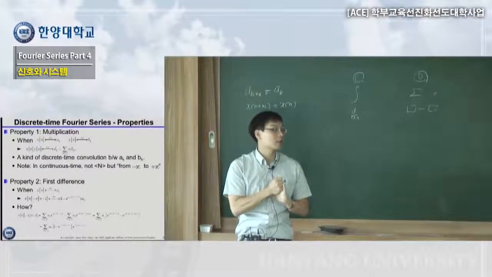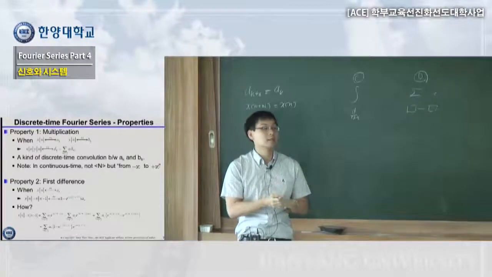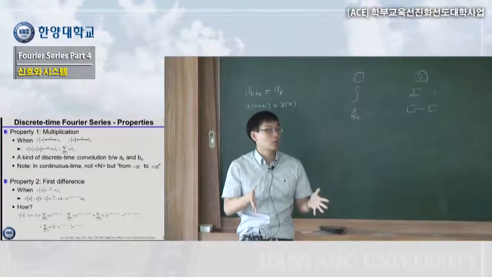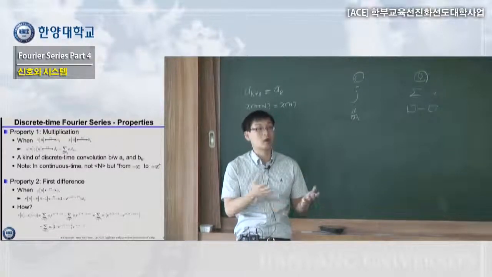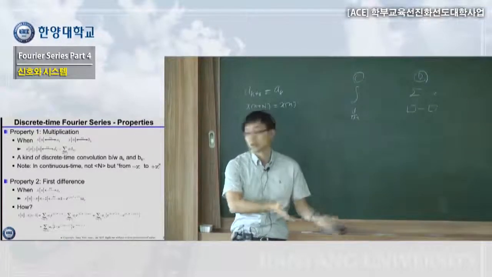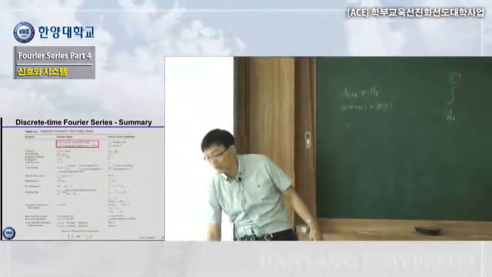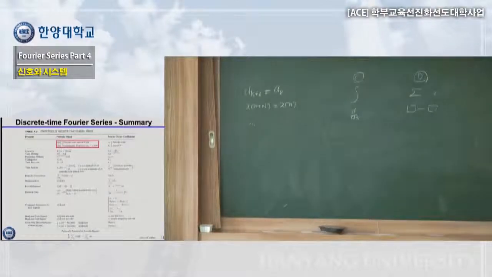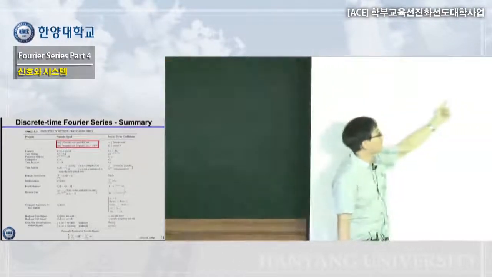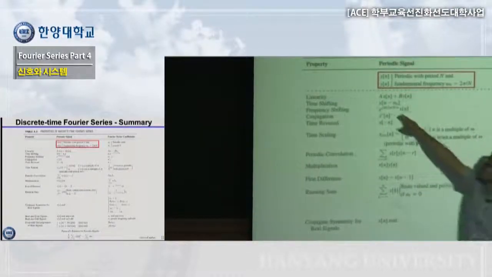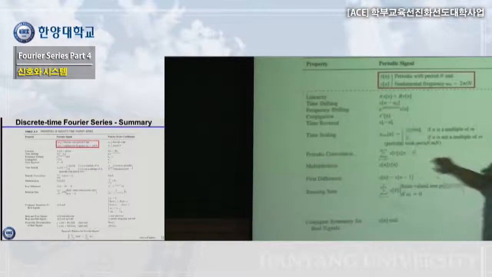This does not mean that discrete time Fourier series does not have linearity or other properties. It has all of those properties. The reason we are not covering them all is that they are almost the same as continuous time, which we already covered. For example, let's go 2 pages down. This is the final table, Table 2 for Fourier series. Linearity: if you have the linear property, the coefficient will be linear. Time shifting, shifted by n0, there will be e to the j k omega 0 n0.